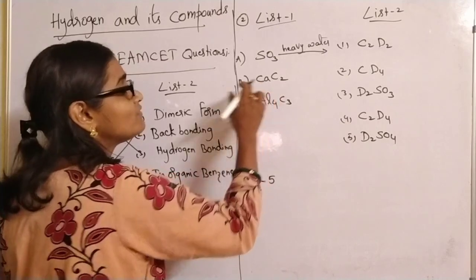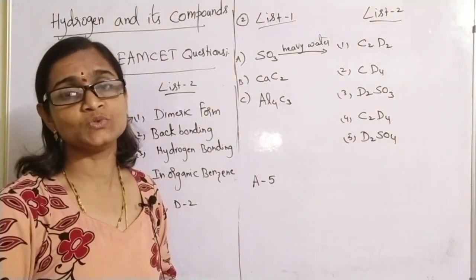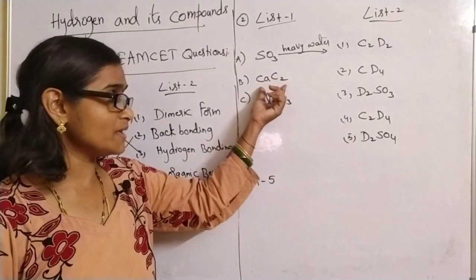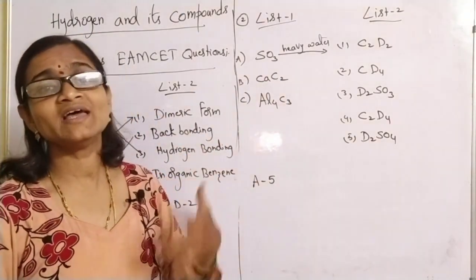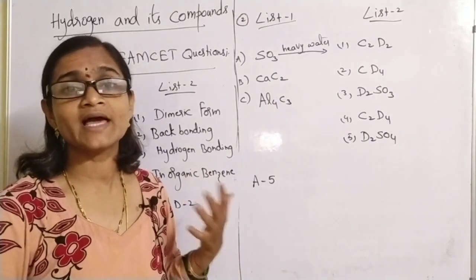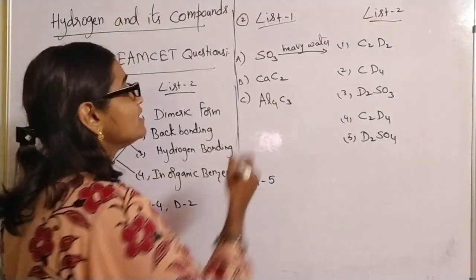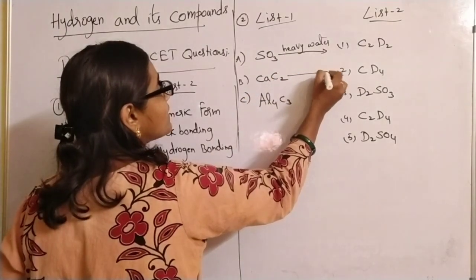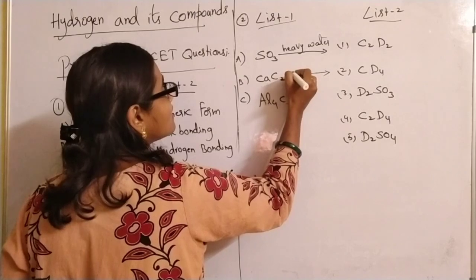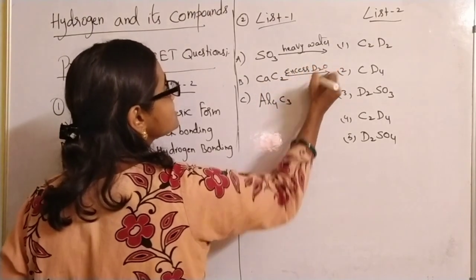Next, you have learnt that in the preparation of acetylene, CaC2, calcium carbide reacts with water to give acetylene gas. Here also calcium carbide reacts with excess H2O, excess D2O, like that it is given.